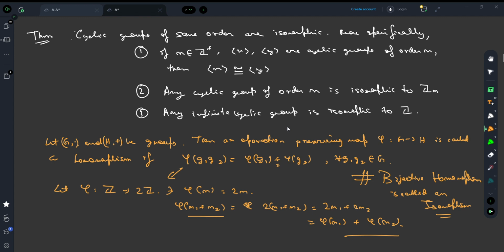The properties held by each of the groups are similar. Isomorphic copies are somewhat the same as groups. They need not be the same as sets, but they are the same as groups because they have the same structure as groups. We will discuss more on this when we discuss homomorphism and isomorphism in great detail, in some other lecture obviously, but we will surely do that.